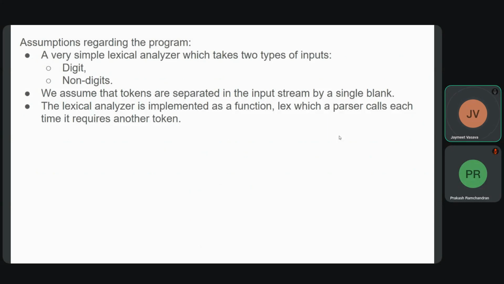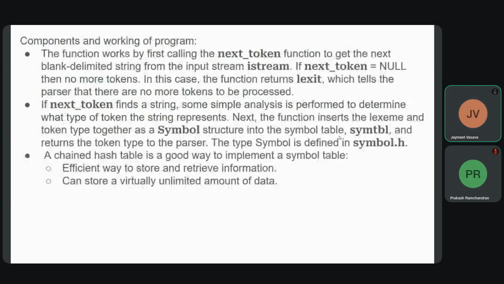The lexical analyzer is implemented as a function lex, which a parser calls each time it requires another token. The components and working of the program: the function works by calling the next token function to get the next blank-delimited string from the input stream.